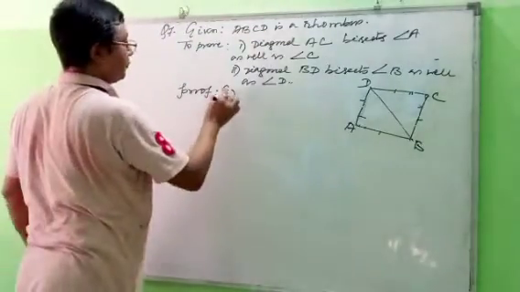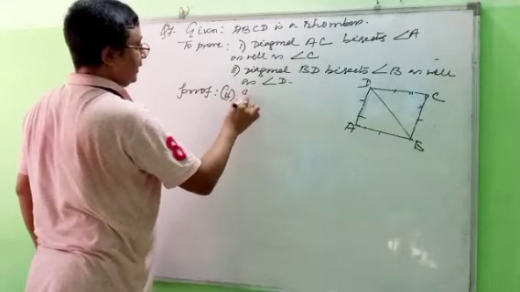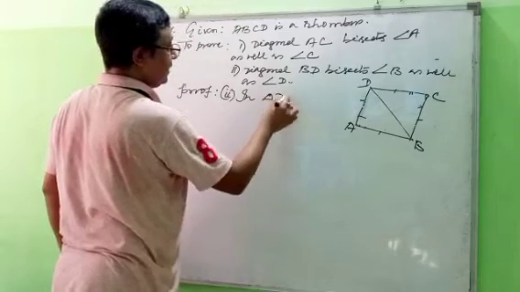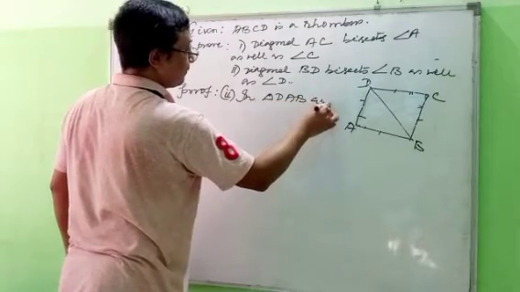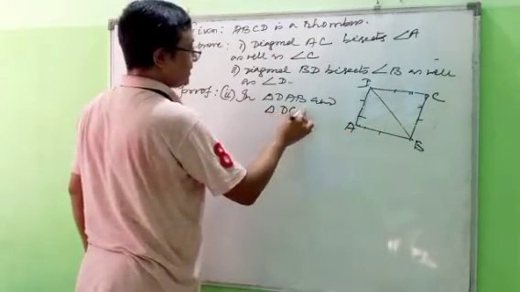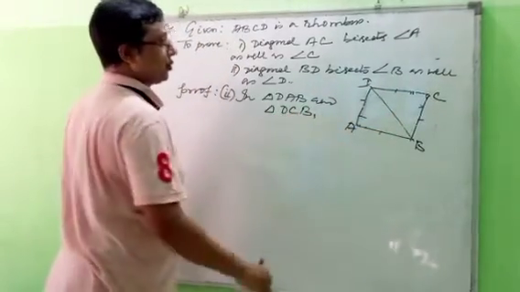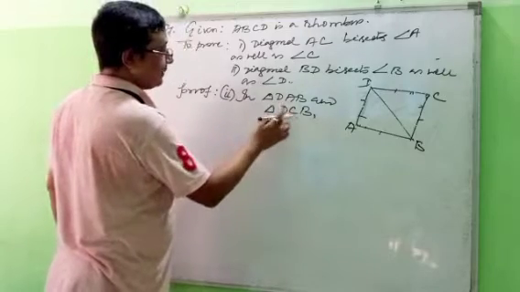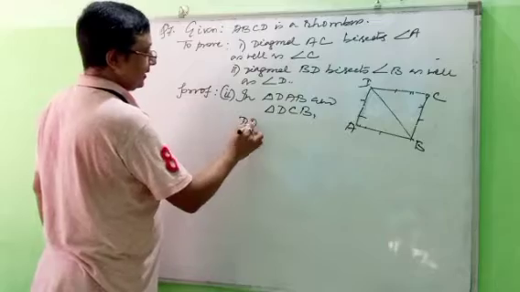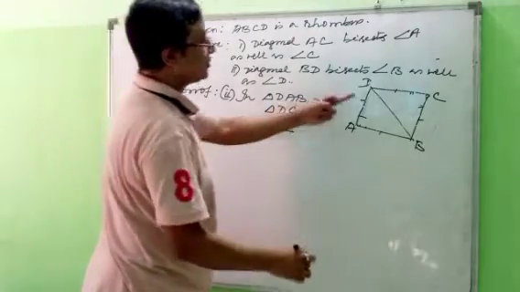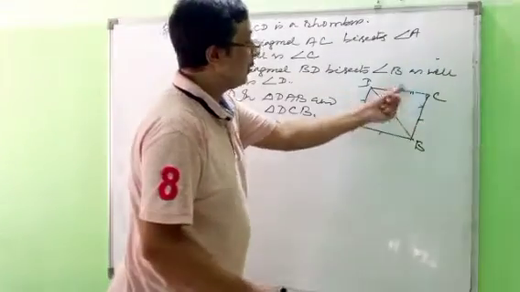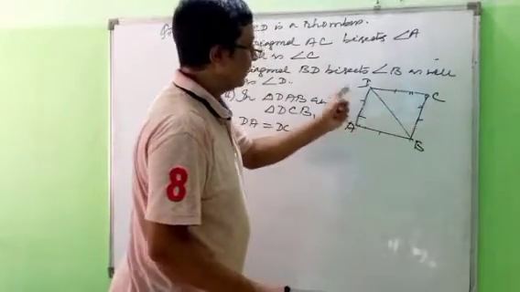Now comes the proof 2. In triangle DAB and triangle DCB, here DA equals DC. These two sides are equal because the figure is a rhombus, and you know that in a rhombus all the sides are equal.